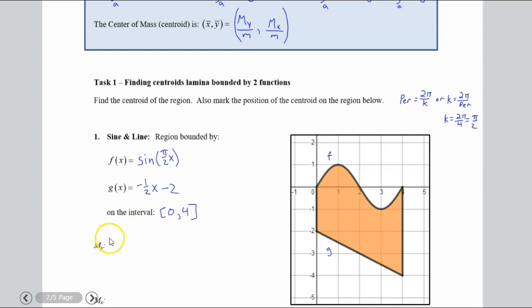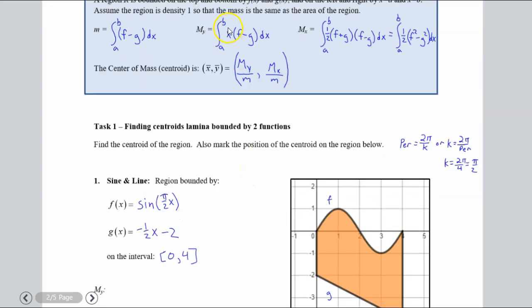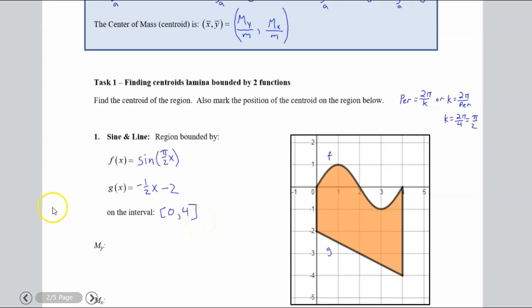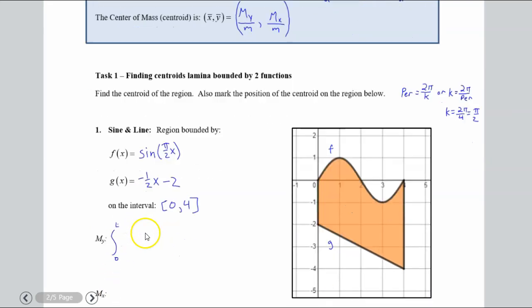So we're looking at my. This again is from the y-axis, so you can go back to your definitions up here. So this is going to be x times f minus g. So we would get this integral from 0 to 4 of x times f minus g.